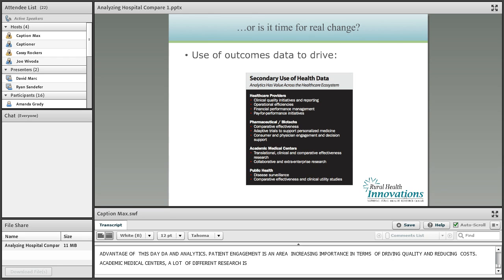And we know that pay for performance is a reality now, and that's a reality that's cutting across almost all sectors of the healthcare continuum. Obviously, there's comparative effectiveness research being conducted that is able to take advantage of this data and analytics.